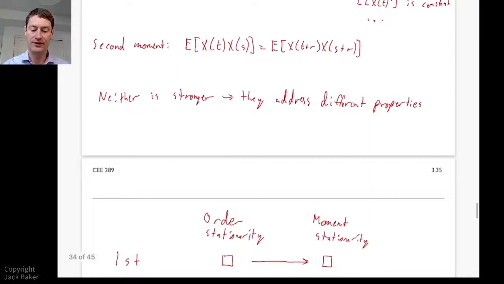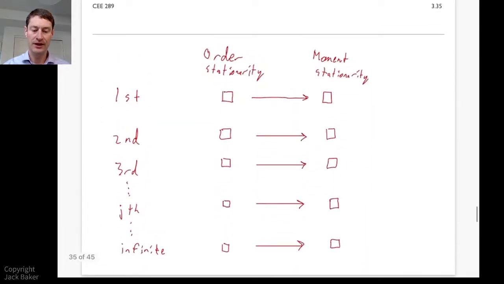Those are dealing with lower order joint probability density functions, and we can get those by just integrating out the variables we're not interested in. So second order stationarity implies first order stationarity, and third order stationarity implies second order, which then implies first order stationarity. So higher order stationarity always implies lower order stationarity.